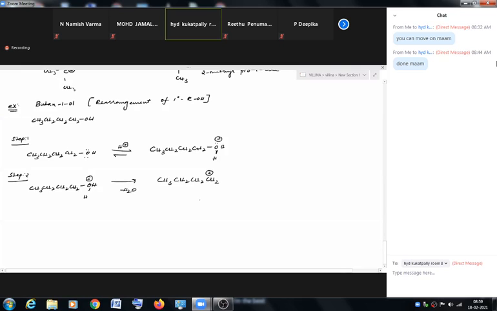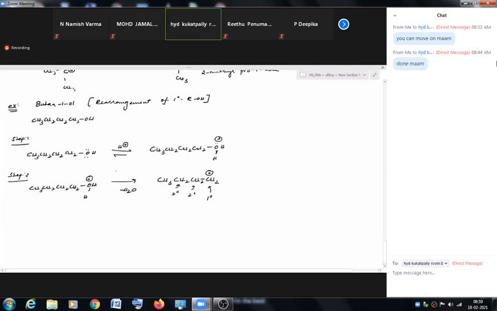So what is the type of carbocation we have? This carbon is attached to only one other carbon atom, so this is a primary carbocation. Now, are there any possibilities other than primary carbon in the long chain? We have to cross check. So this is our secondary carbon. This is also our secondary carbon.